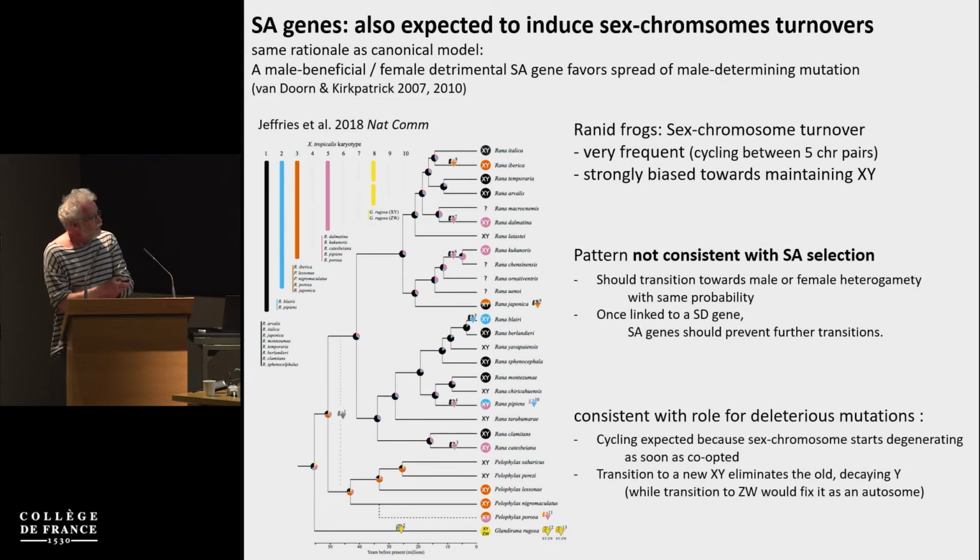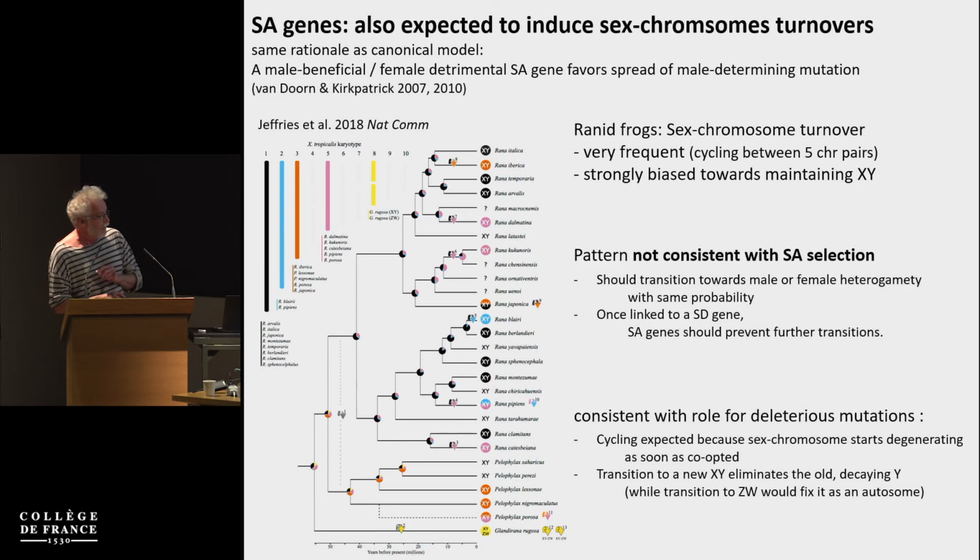It's much more consistent with the role of the accumulation of deleterious mutations on the non-recombining chromosome. So this quick cycling is expected because, as I mentioned, males are mostly not recombining, and therefore, as soon as a chromosome is co-opted for sex determination, you will start the degeneration of hundreds or thousands of genes on this chromosome.